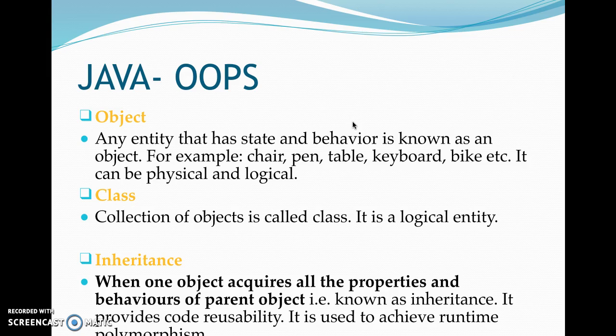While the collection of objects is called a class. It is a logical entity. Let me explain with a simple example. A class is the blueprint, the structure, like a blueprint of a car, while an actual existing car is the object of that car class.